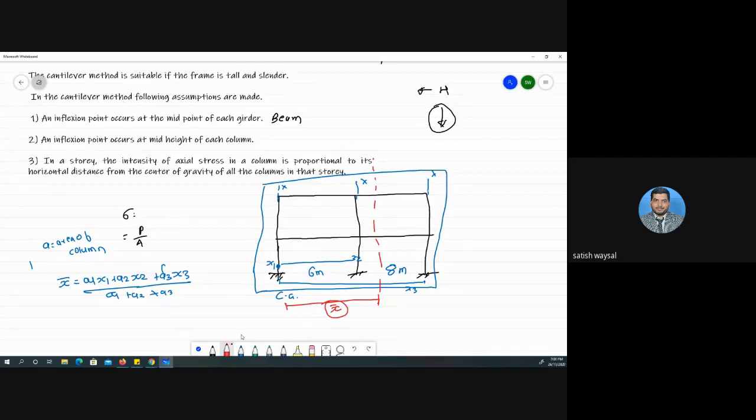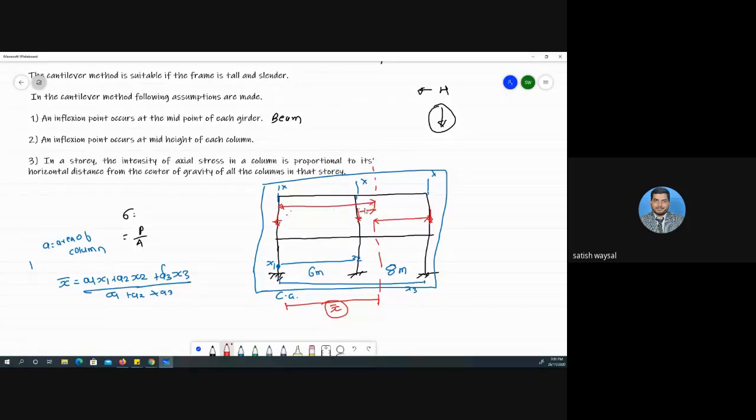Now what does it indicate? It indicates that the stress in this member and in these members is proportional to their distance from the centroid. The member force is proportional to the distance of the member from x bar.